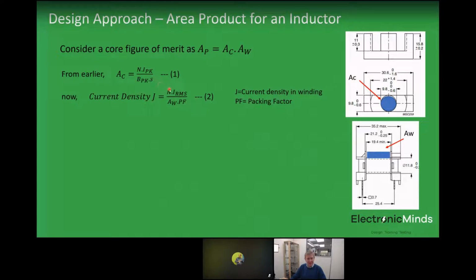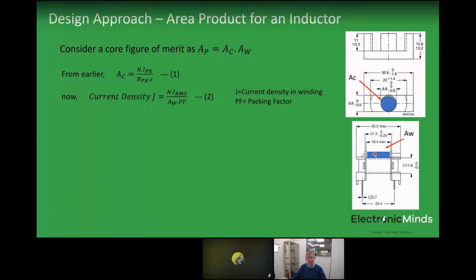Now, imagine we've got N turns in our winding, each carrying a current of I RMS. AW is our winding window, and PF, let's call that our packing factor, because we can't necessarily make maximum use of the whole winding area for copper.